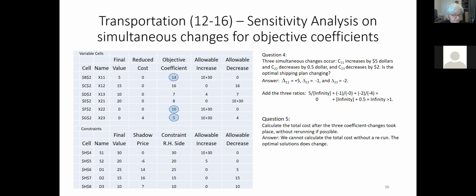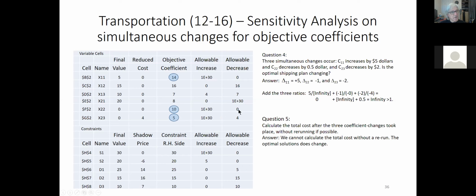In fact, common sense, when you see these 3 changes, you don't even have to turn to the multiple changes at all. Because when you look at the one in the center here, right now it's 10, but the allowable decrease is 0. For the solution to stay the same, you cannot drop 10 to any value below it because the allowable decrease is 0.